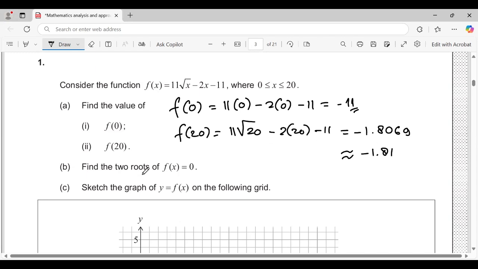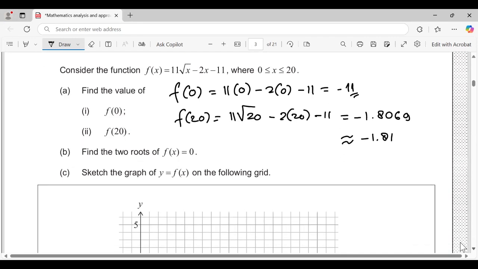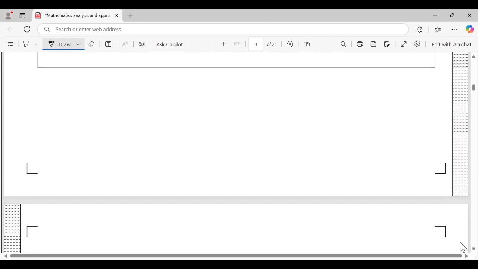Find the two roots of f(x) equals 0. So we are going to set this expression equal to 0, and then find the value of x. f(x) equals 0 means 11 square root x minus 2x minus 11 equals 0.